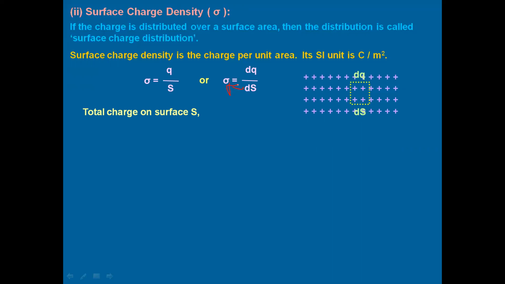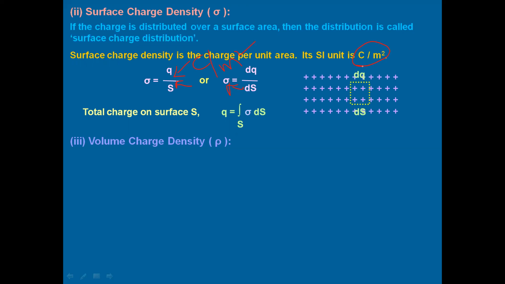So the total charge can be found by integrating the expression, that is q equal to surface integral of sigma ds. Before going to the third one, the SI unit of surface charge density will be, as you know, the unit of Q is Coulomb and the unit of area is meter square. So the SI unit of surface charge density will be Coulomb per meter square.